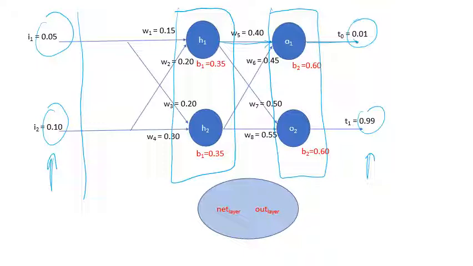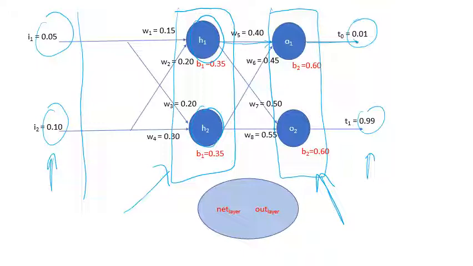So we follow the same terminology, and we say that this neural network is having two layers, and each layer is having two nodes, right? To distinguish between the two layers, I say that this is a hidden layer and this is an output layer. I say this is H1, first node of the hidden layer, and this is H2, second node of the hidden layer.